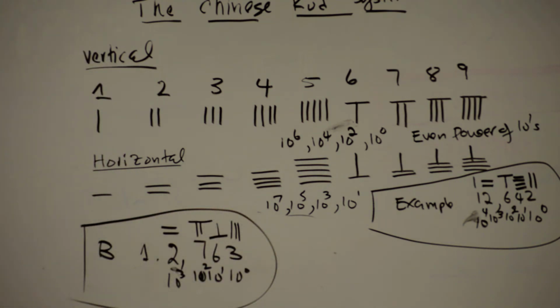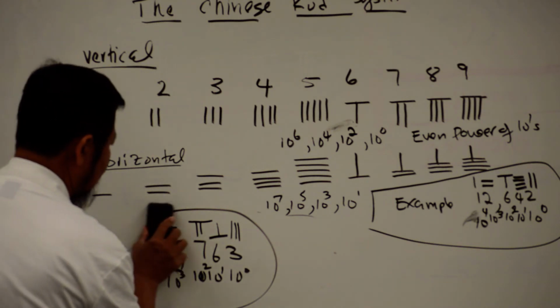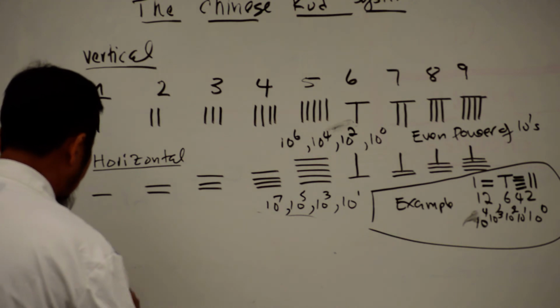And the question here comes: okay, let's start with the one that has a 0 digit. We can try it in the Chinese rod system. So start with B again.